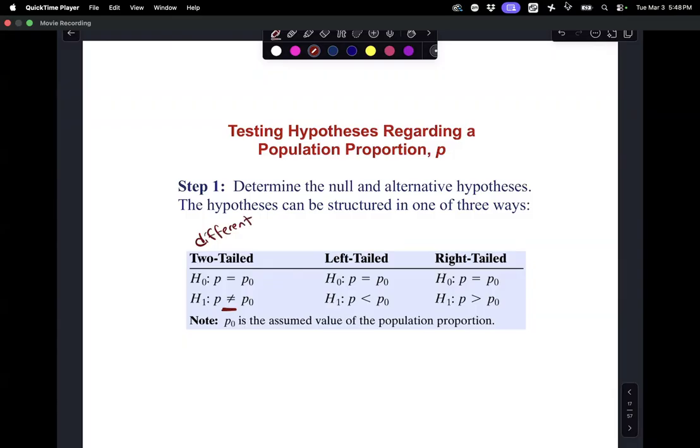A left-tailed test is when we use the less than symbol, so you might see words like less than, has decreased, etc. We talked about this on Thursday, but it's been a little while. A right-tailed test uses the greater than symbol, so you see words like greater than, has increased.